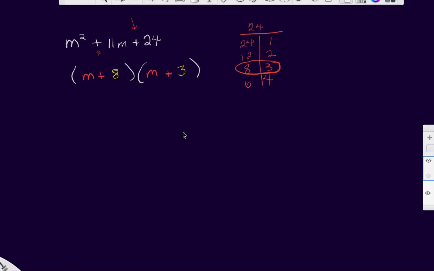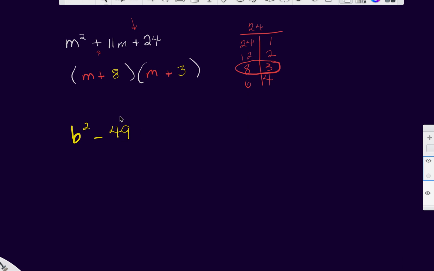I'm going to do another one just so you get a chance to see factorization with different types. You're going to see something that looks like this: b squared minus, let's say, I don't know, 49.